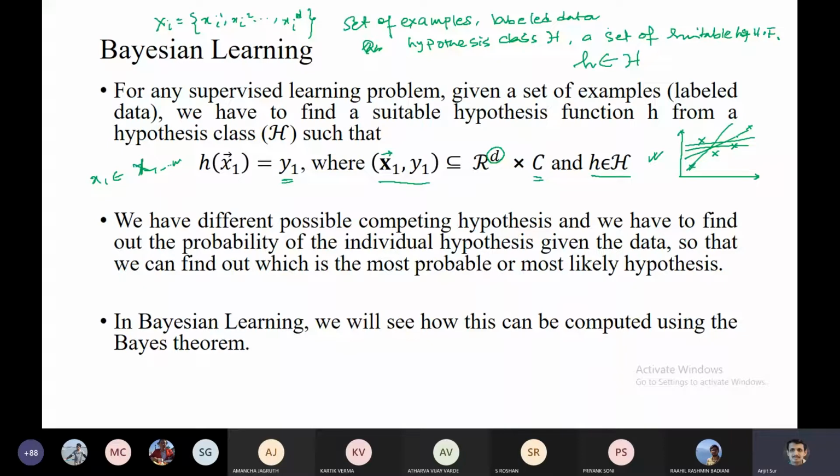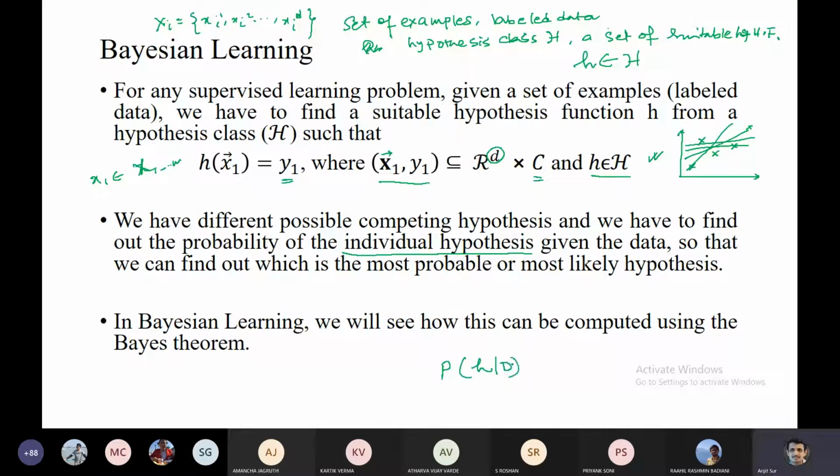Now here we have used a different nomenclature, different terms. We have to find the probability of the individual hypothesis given the data, so the probability of a hypothesis given the data.